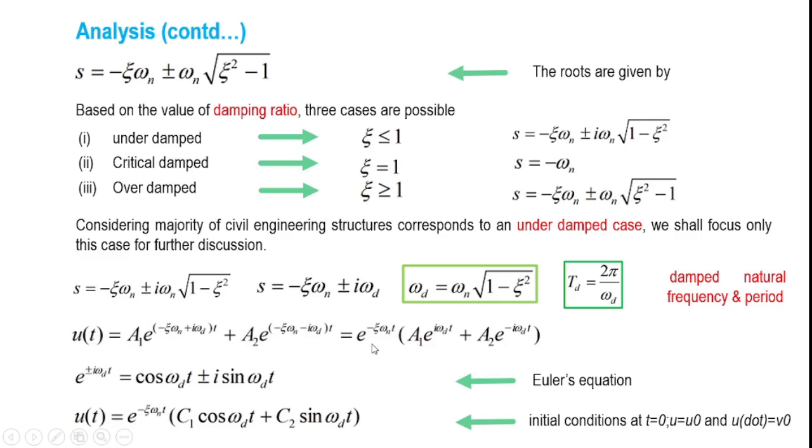Now let us take e raised to minus of c into omega n t outside. It means that u(t) can be written as u(t) equal to e raised to minus c into omega n t into a1 into e raised to i omega d t plus of a2 into e raised to minus of i into omega d into t.